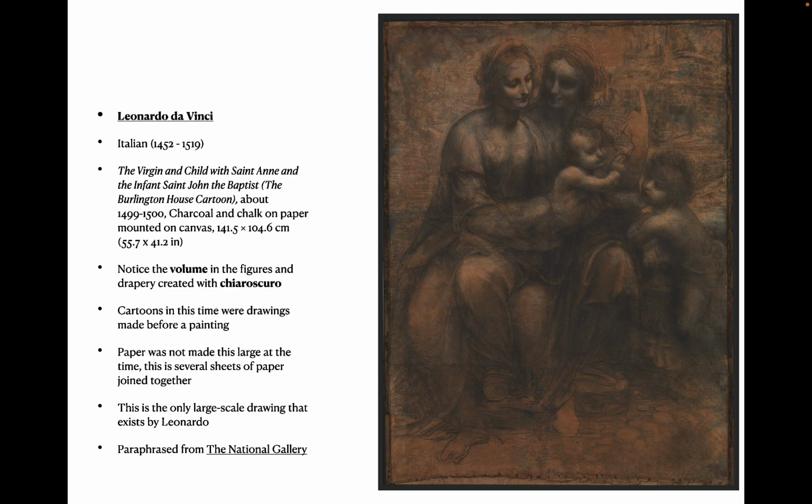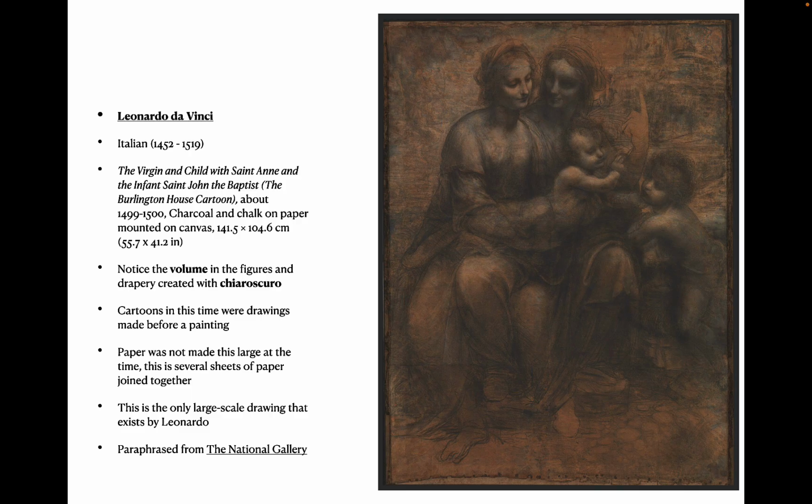So this is Leonardo. Here we go with the Ninja Turtles. He was Italian, and this is a chalk drawing. It is an enormous drawing, like 55 by 41 inches. I've also been lucky enough to see this in real life, and it's intense in a different way than the Kara Walker stuff. It's really subtle and beautiful.